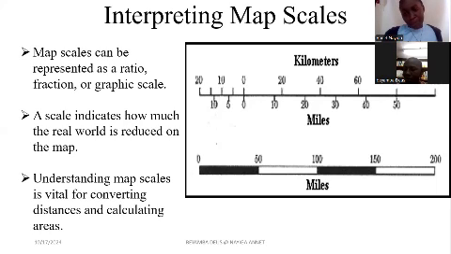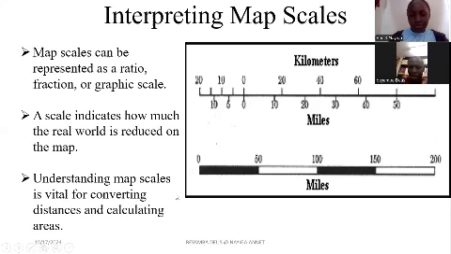Yes, maybe the land is measured in miles. Okay, it has the word mile in it.